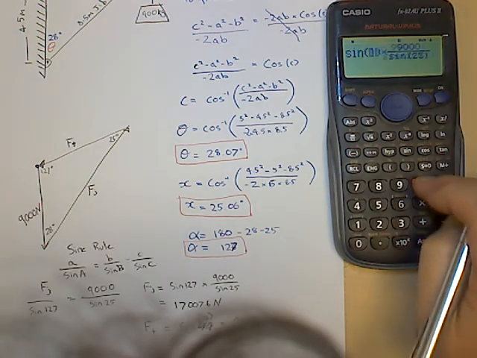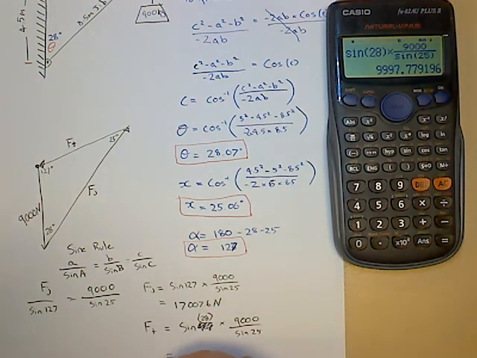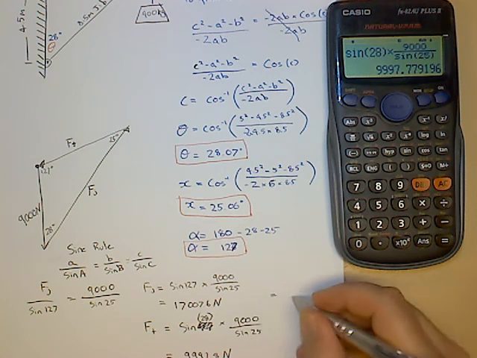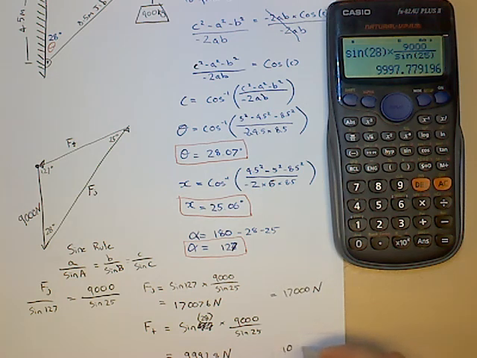Calculator, so sine 28, and that equals 9,997.8 newtons. Alright, and I actually feel like this would probably work out quite nicely. It's probably actually, if you didn't do any rounding errors, it would probably equal to 17,000 newtons and 10,000 newtons, is my guess.